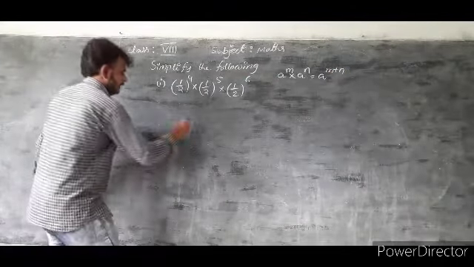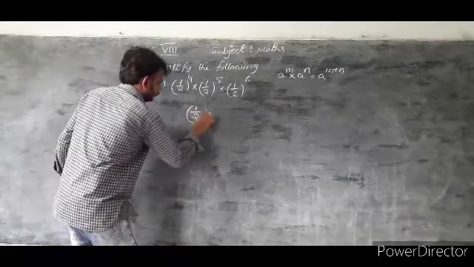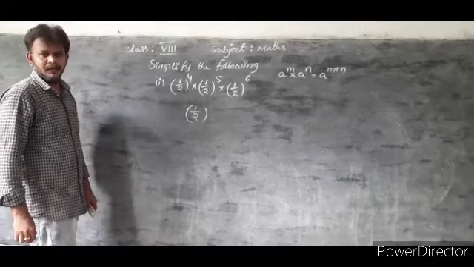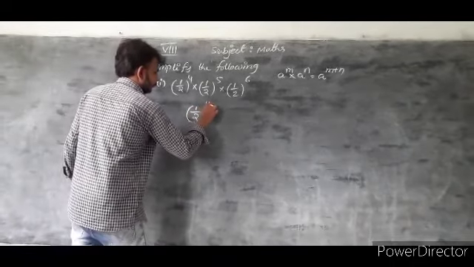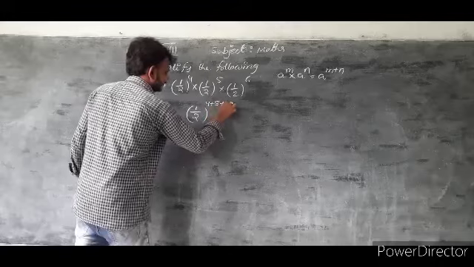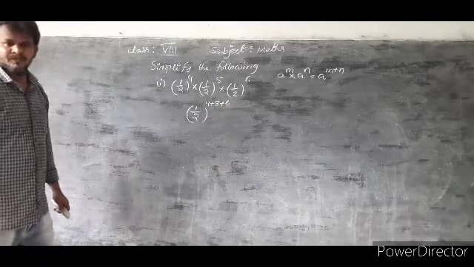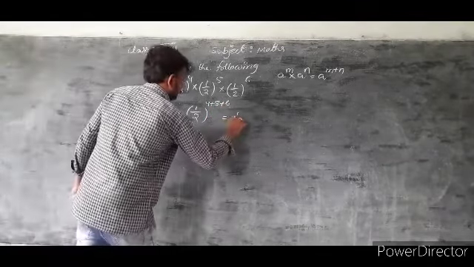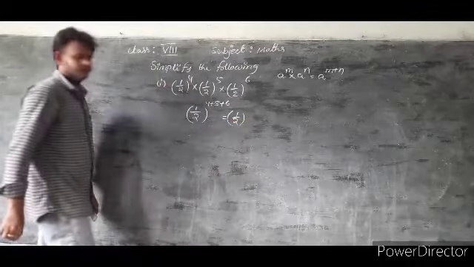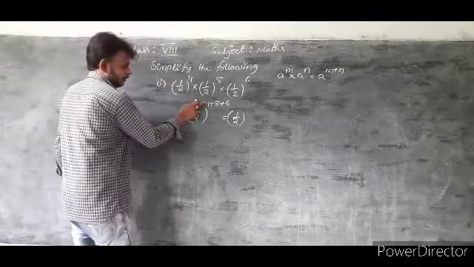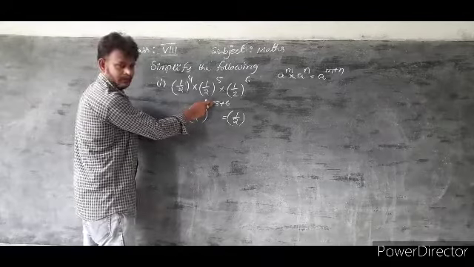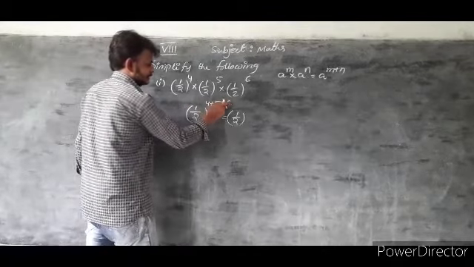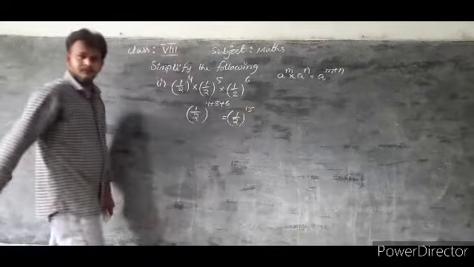In the same way, here (1/2) to the power 4 + 5 + 6. So 4 + 5 is 9, 9 + 6 equals 15.